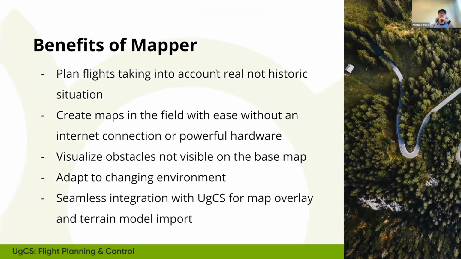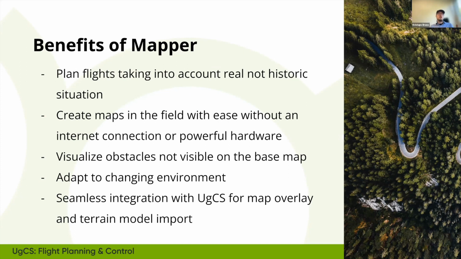So yeah, then I just want to mention some benefits about Mapper. Number one is that when you plan the flights, after you have some data already collected and imported into UgCS, this means you can plan flights taking into account the actual situation in that area instead of the historic situation. Some examples could include, maybe there are some trees at some point which you might not even see from the road. Maybe there's some area where the trees have already been cut down.